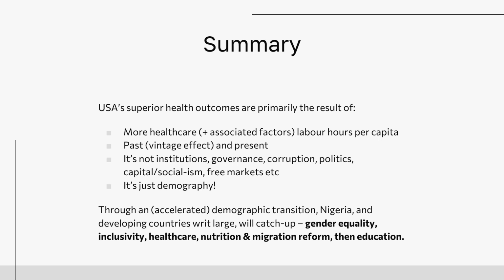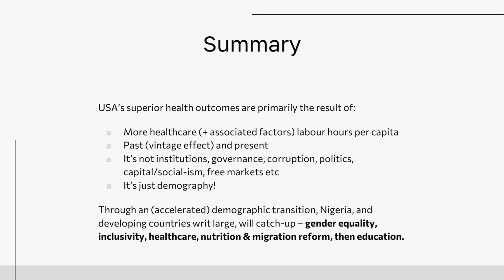So, in summary, the USA's superior health outcomes are primarily a result of better healthcare worker hours per capita, right? And associated factors, because it's not just doctors and nurses, it's also sanitation and infrastructure. And again, we can go into that field as well.